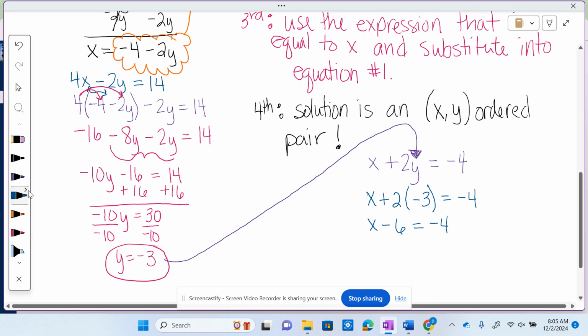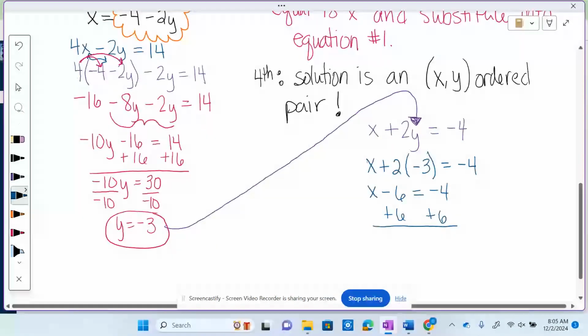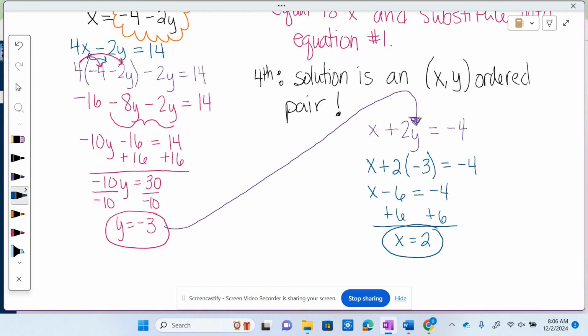Last step. Add 6 to both sides. Excellent. Add 6 to both sides, and I find out that x equals what? x equals 2. How do I write my solution? Good job.